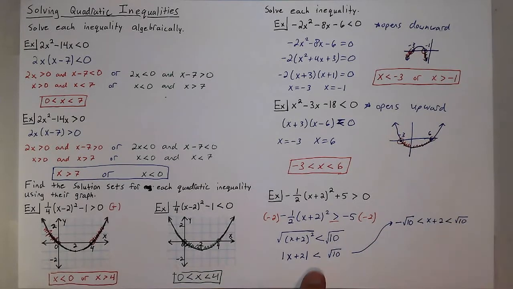And just to show you how it could relate to an OR inequality, if this was greater than the square root of 10, then this would have been an OR, where it was less than negative square root of 10 or greater than square root of 10.